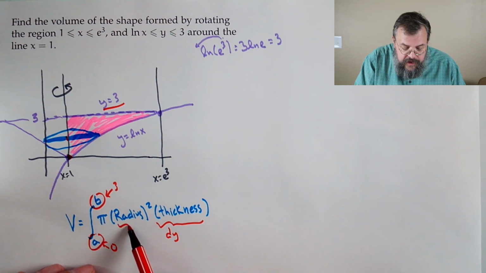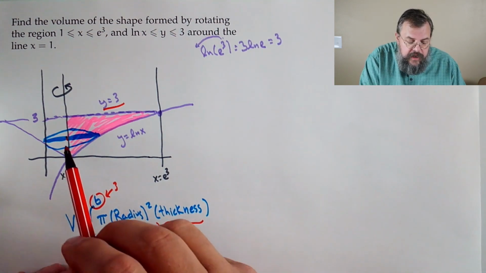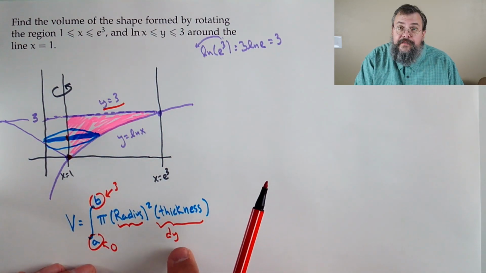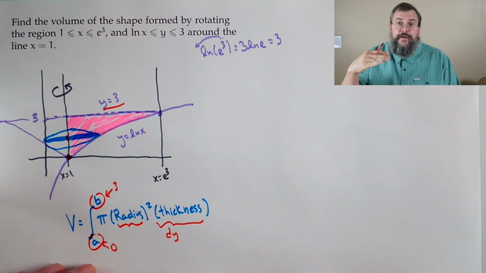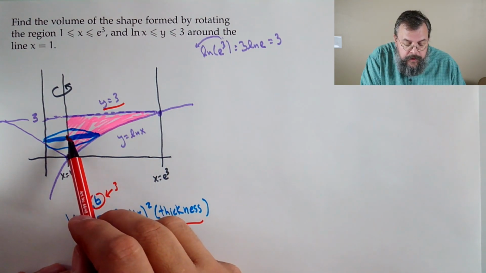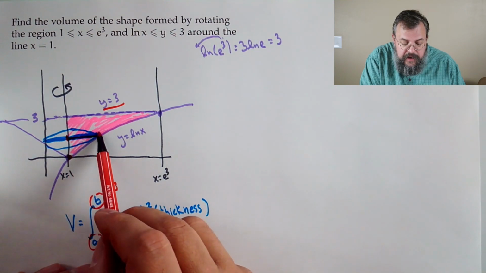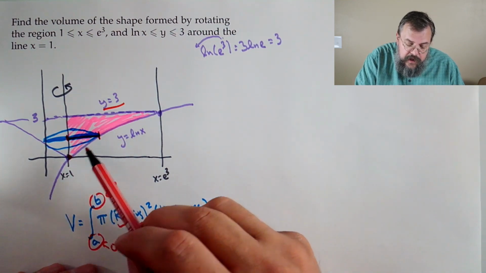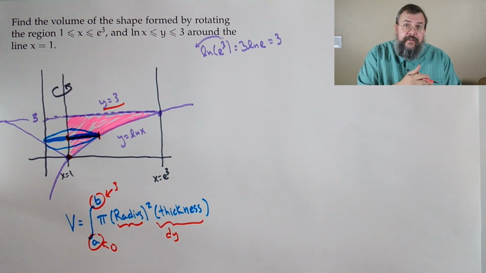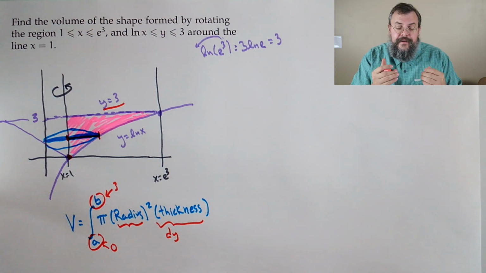So we need to start thinking about the radius. Now, our radius is going to be as a function of y, because that's how we're slicing. So we should think about what happens as y changes. So it should be from this part where we spin out to that curve. Now, currently, our curve is written as y equals natural log of x. That's not a good choice for us. We want to write things as x in terms of y.